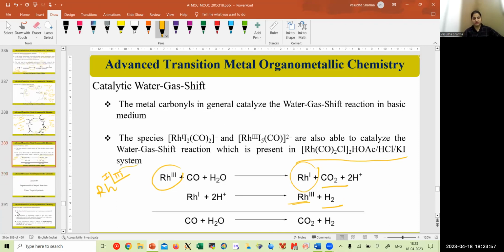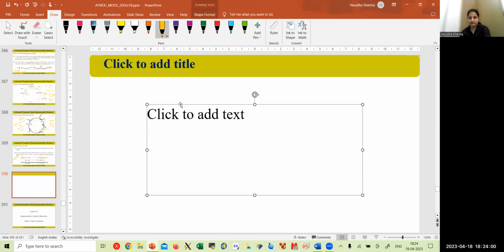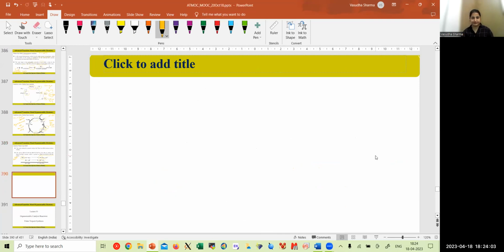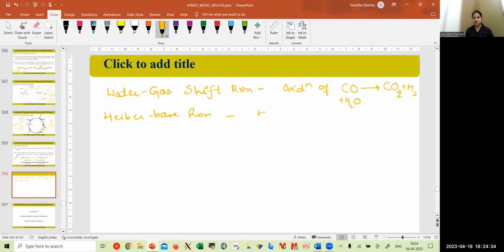So this lecture was about what we have seen: the water gas shift reaction, which is your oxidation of carbon monoxide to carbon dioxide, whereas the Haber-Bosch reaction we saw using the HFe(CO)4 negative.